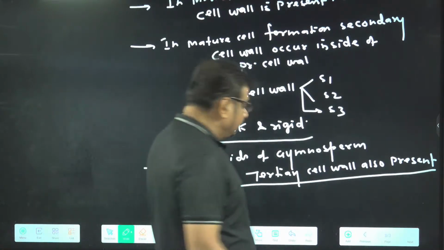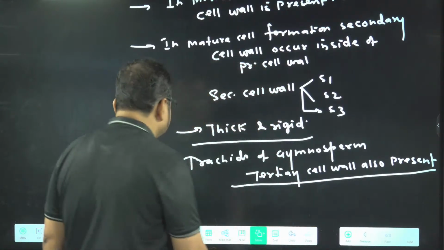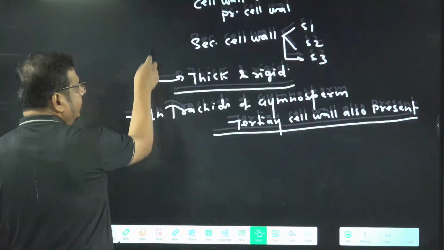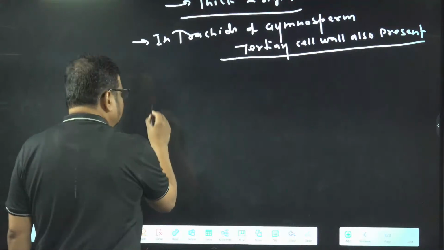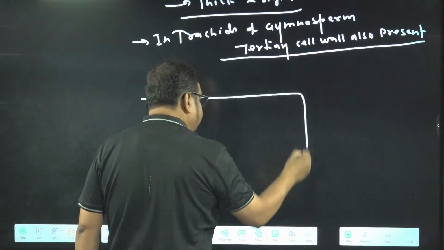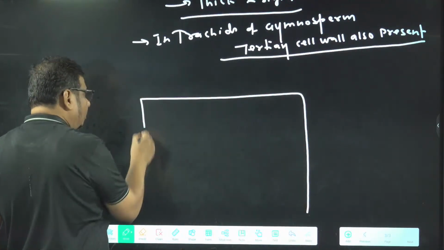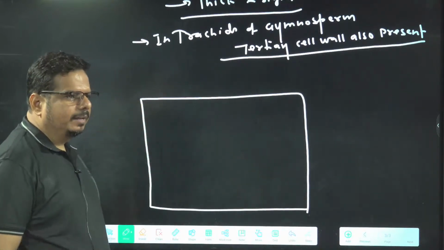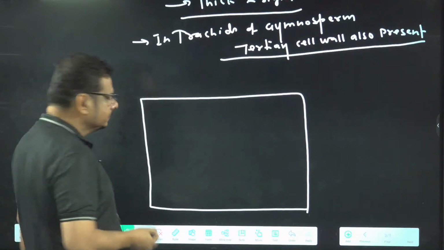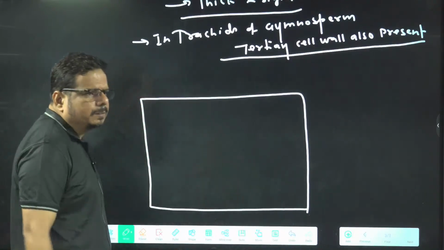Is it clear? Now let me tell you about the structure of the cell wall. Give your attention. I am drawing the structure of the cell wall. Assume this is a plant cell. I am telling a very important thing. Connect here, you will understand a lot of things where you are missing. This is a plant cell.